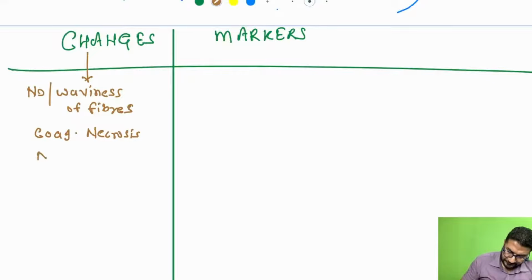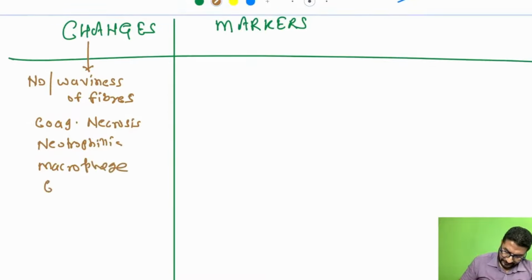Then you can notice neutrophilic infiltration. Then there will be macrophage infiltration. Ultimately, you can notice formation of granulation tissue, and ultimately there will be healing, and this healing will be with a scar.